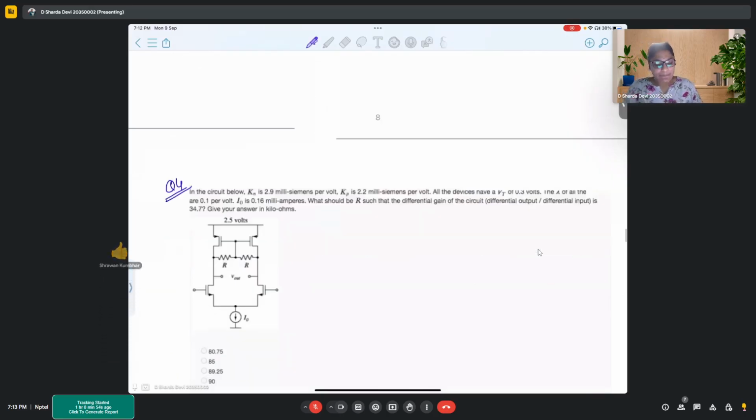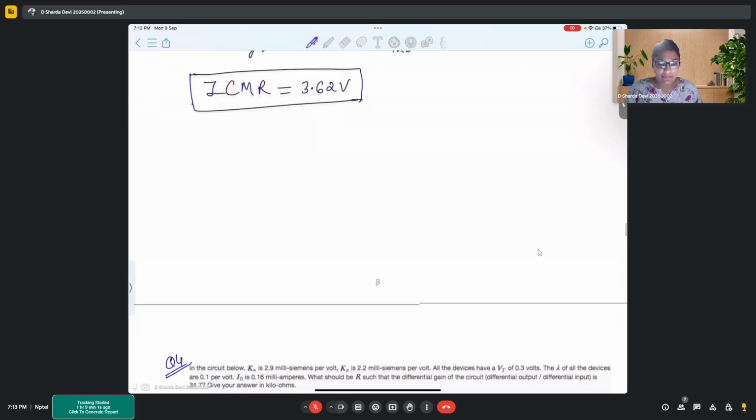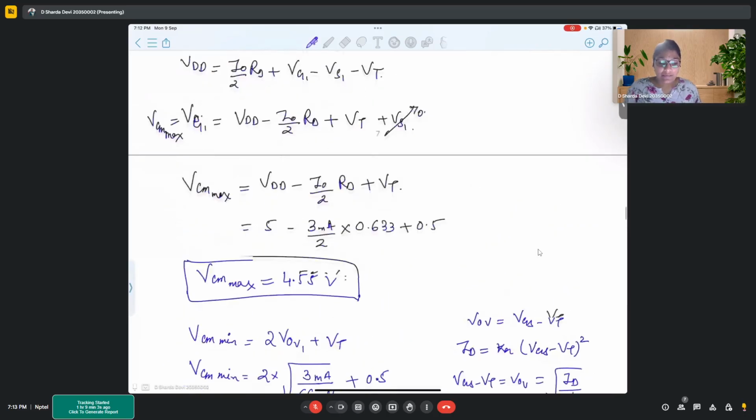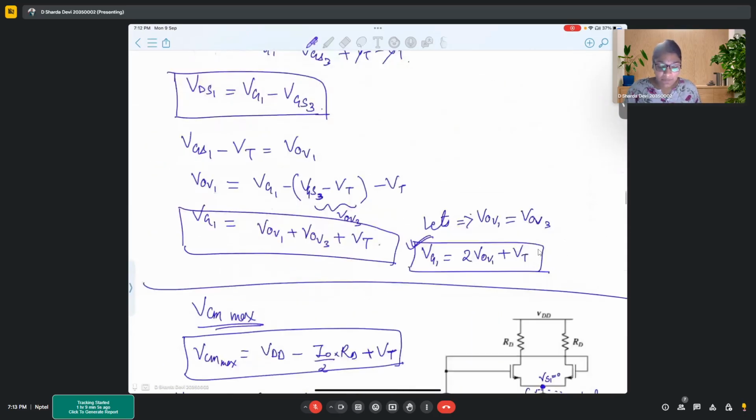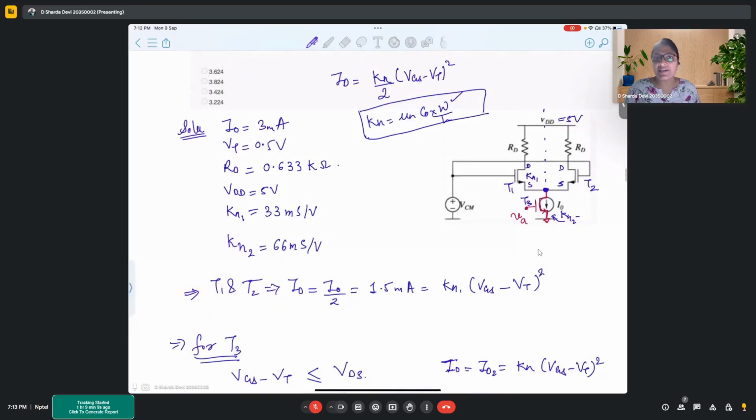Ma'am, I think you have made so many assumptions. Do all the problems have to be done like this? It will depend on the problem, but the assumptions which I have taken are generic assumptions. In the problem, they only mention some parameters.